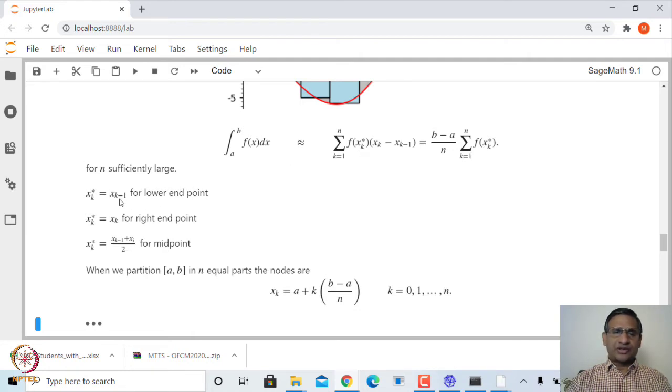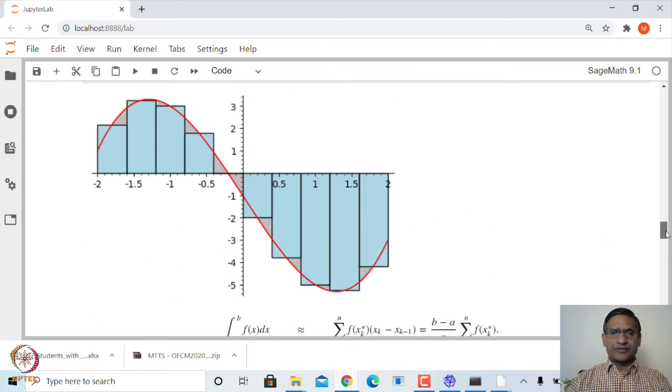In case of the left end point, x k star is x k minus 1, and in case of the right end point you have to take x k. In case of the midpoint you take (x k plus x k minus 1) by 2, but in principle one can take any point in between and do this calculation.